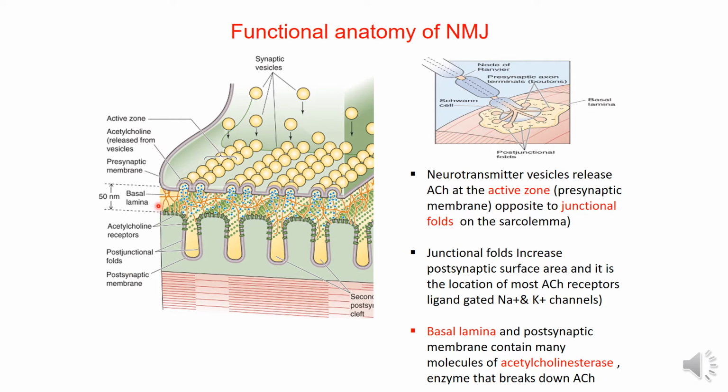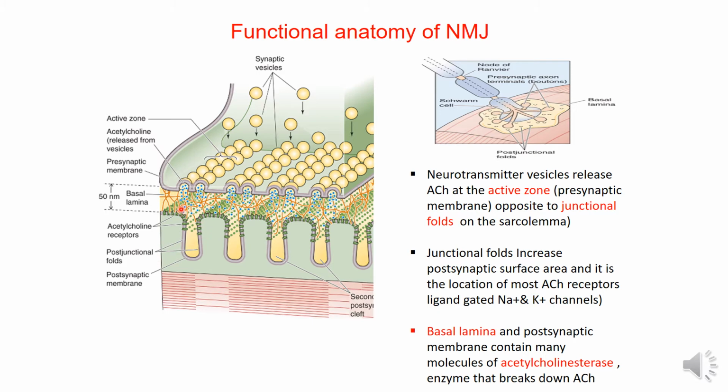The basal lamina and synaptic membrane contain many molecules of an enzyme known as acetylcholine esterase. This enzyme produces breakdown of acetylcholine. So, after the acetylcholine comes from the nerve terminal, binds to the receptor and ends its action, what happens? It is hydrolyzed by the enzyme acetylcholine esterase into acetic acid and choline.